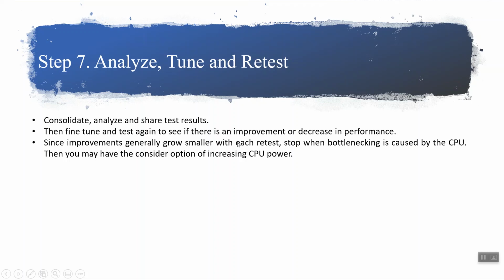So we repeat the same procedure for redesigning the test cases or recreating the test cases and then executing those test cases. Since improvement generally grows smaller with each retest, stop when bottlenecking is caused by the CPU. Then you may have to consider the option of increasing CPU power. So here this is the final step where we analyze the result, tune and again retest until we have the acceptance criteria matched with our result.